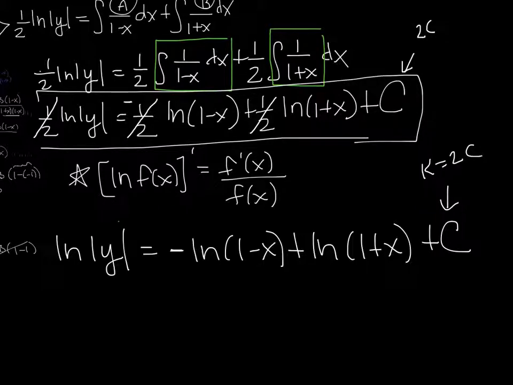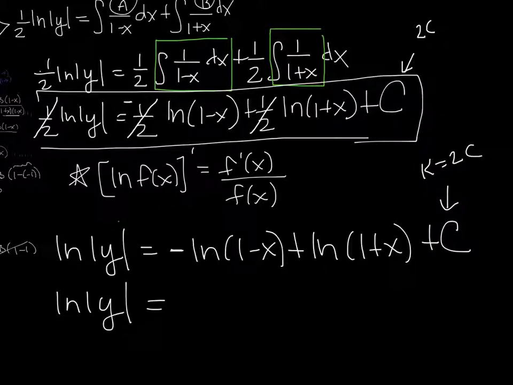Okay, so now almost there. We have ln of y equals, and then here, ooh, this is a fun problem. I'm excited, we get to use properties of logarithms here. So we can definitely rewrite this probably as a difference.